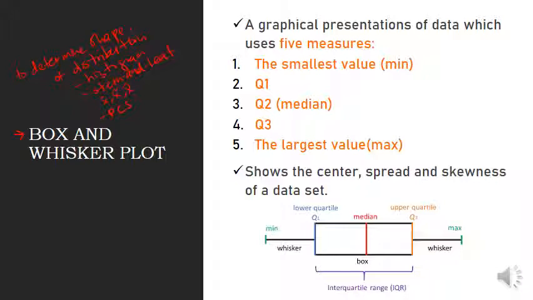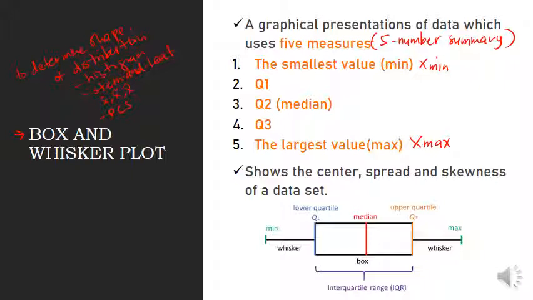So, a graphical presentation of data which use 5 measures. Atau sometimes dalam buku dia pakai 5 number summary. Okay, apa itu 5 number summary? 5 number summary adalah X minimum, Q1, Q2, Q3, and also your X maximum.